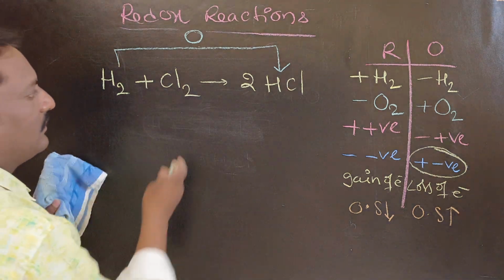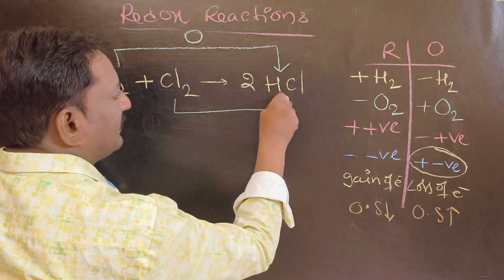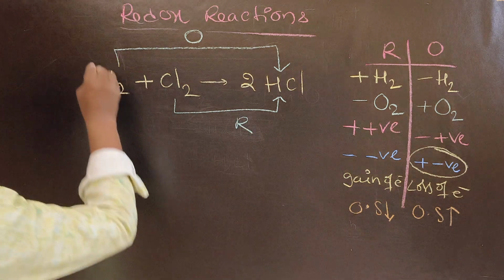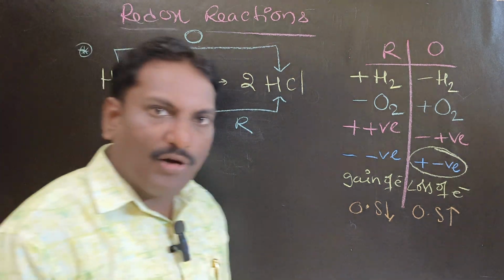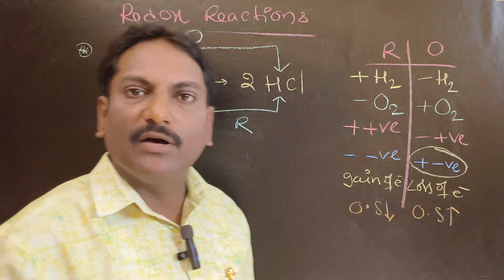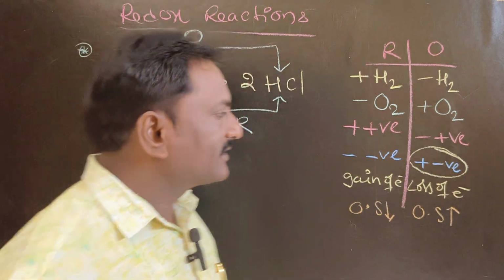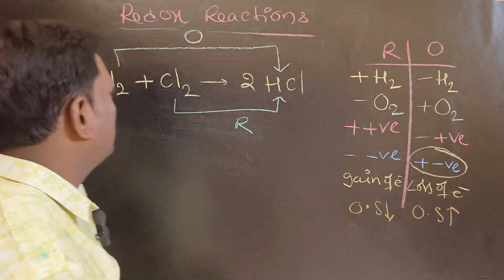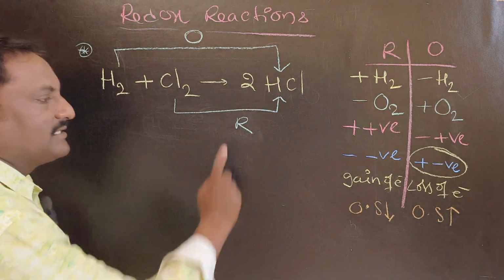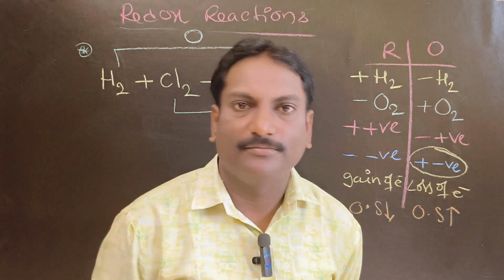So chlorine to HCl is reduction. First category completed, that is identification of oxidation and reduction in the given reaction. The conversion of hydrogen to HCl is oxidation. The conversion of chlorine to HCl is reduction.